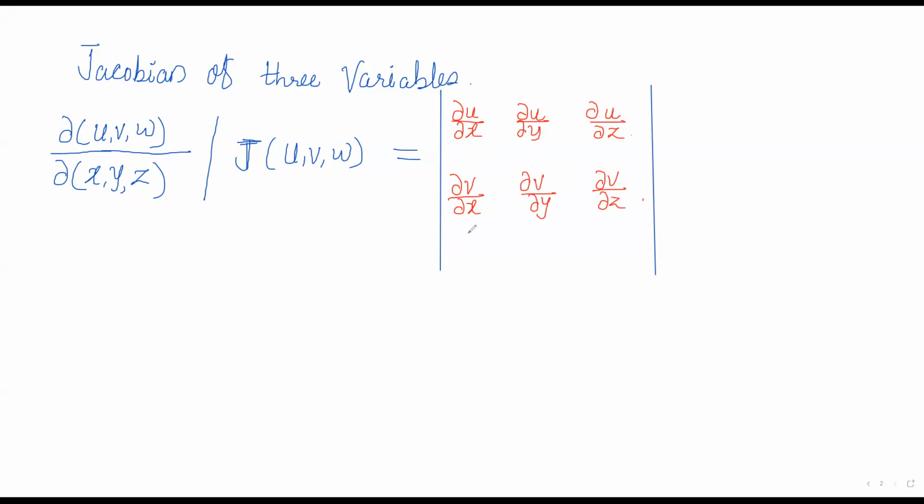And last row, dou w by dou x, dou w by dou y and dou w by dou z. Here it is called the Jacobian of UVW with respect to x, y, z. Everyone understood this? Okay.